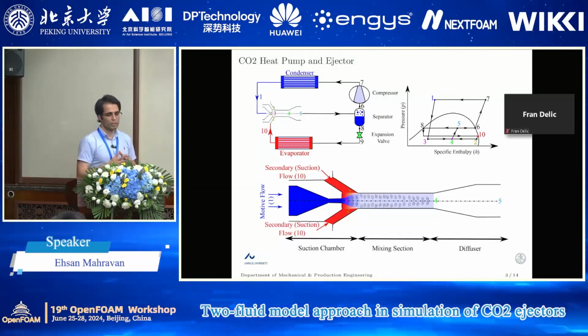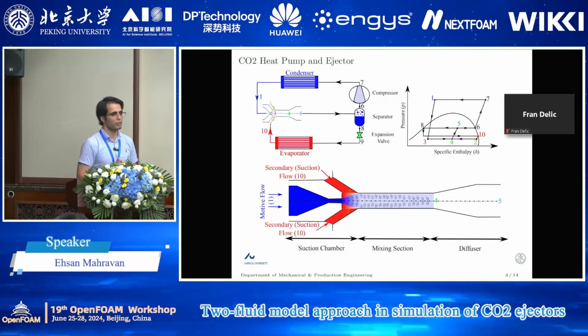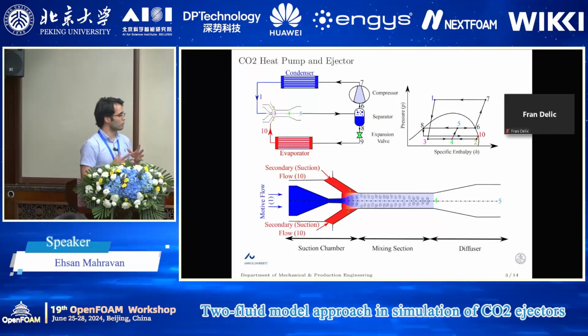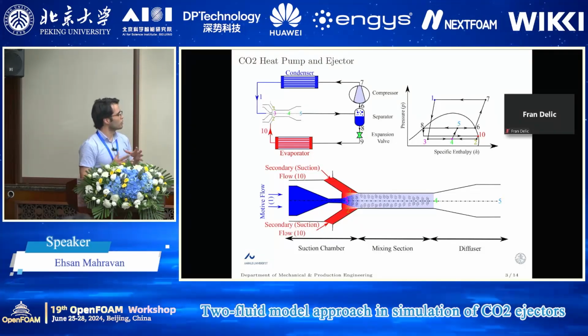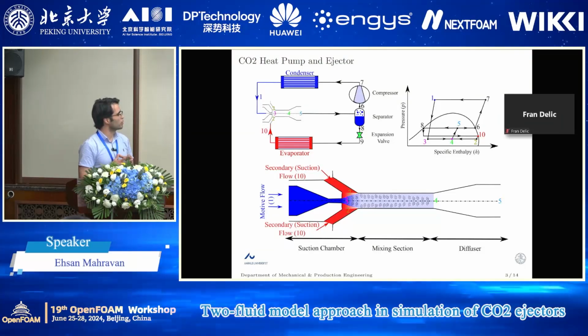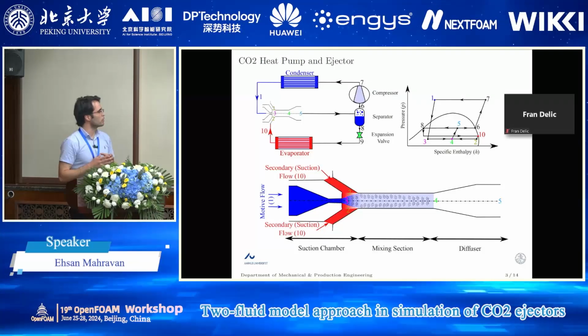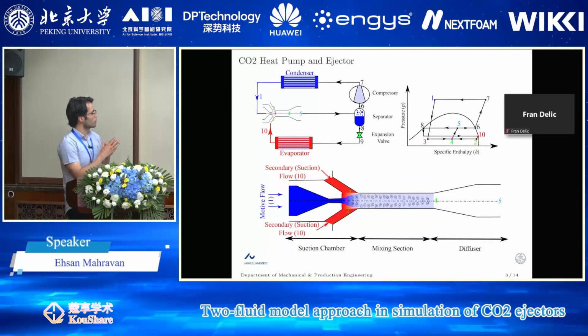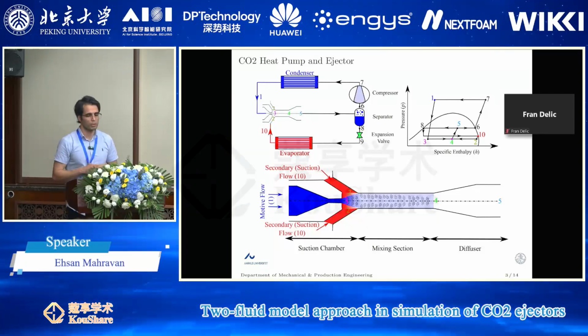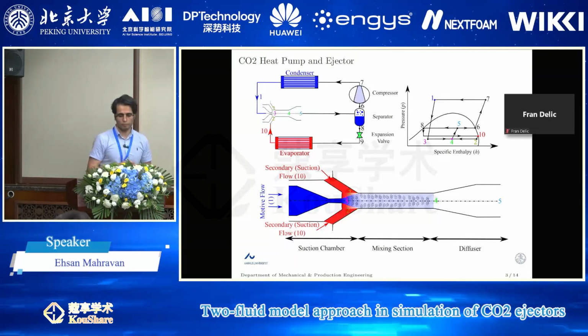Now it's time for another expansion, where the recovery of the expansion work happens. So in the diffuser, the pressure increases to 0.5, and here is where the ejector is superior to the conventional expansion valve.